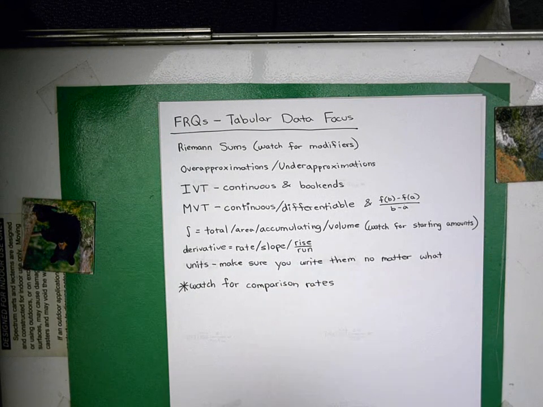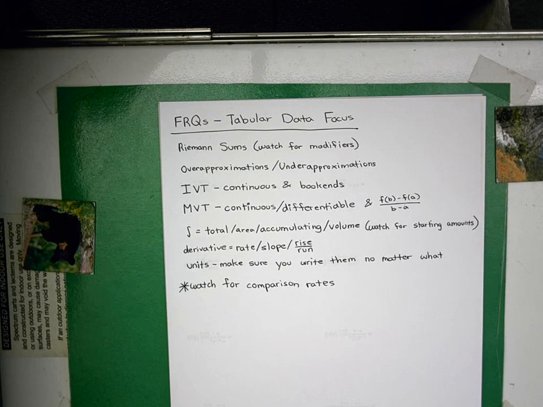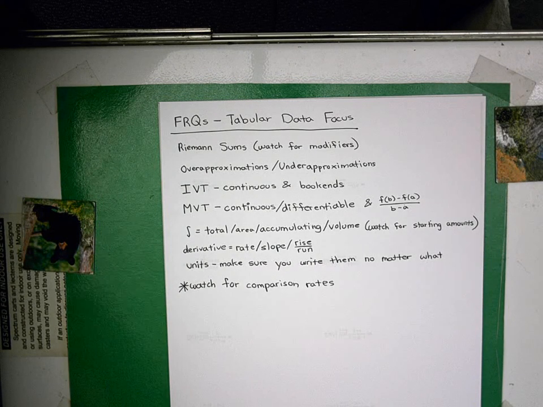Common questions, and again, it's not always tabular data. It could potentially fall into any of our zones. You'll see problems that talk about something going into a pipe, and then something coming out of a pipe, and then you'll be asked to evaluate what's inside the pipe.